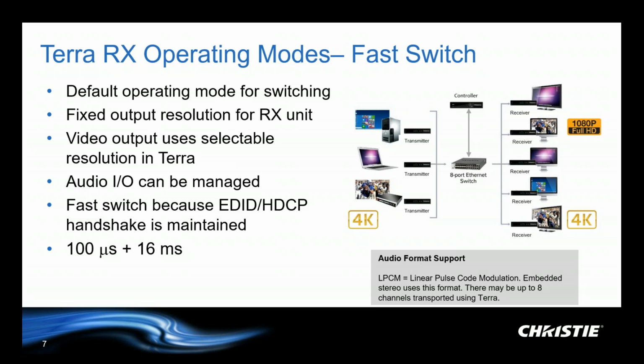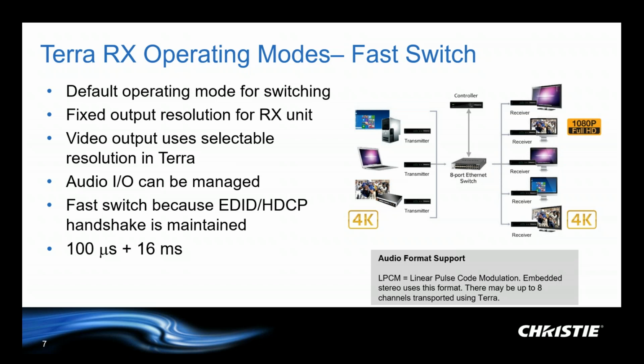There's only 16 milliseconds of delay. I'm not counting the 100 microseconds, which is instantaneous. There's only 16 milliseconds of delay in this mode, so you can still use this with KVM and so on and so forth, because the latency is still very low.